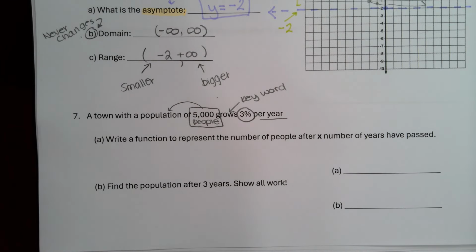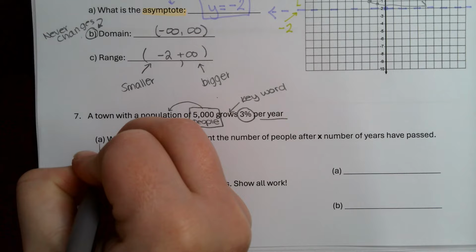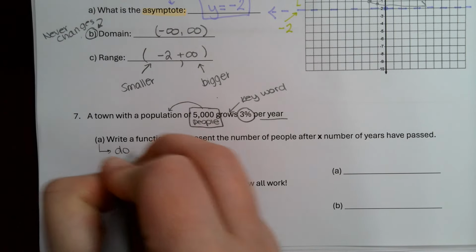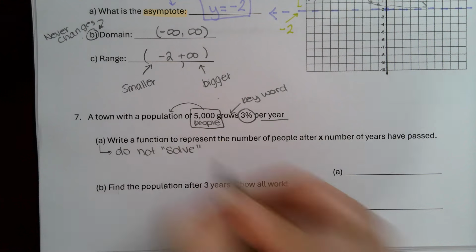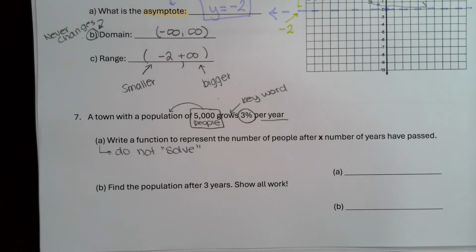Write a function that represents the number of people after X number of years have passed. So what this is asking is, don't solve. Part A is not asking for an answer. What it's asking for is the equation to get the answer.